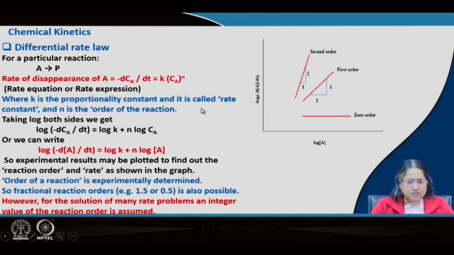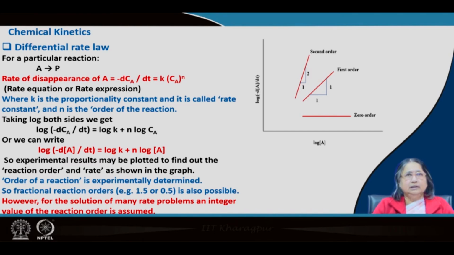Depending on the order of the reaction, the unit of k will change, but the unit of rate is the same. This is nothing but the change of concentration per unit time. If you express the concentration in moles per liter, for example, and time in seconds, then it will be moles per liter per second.